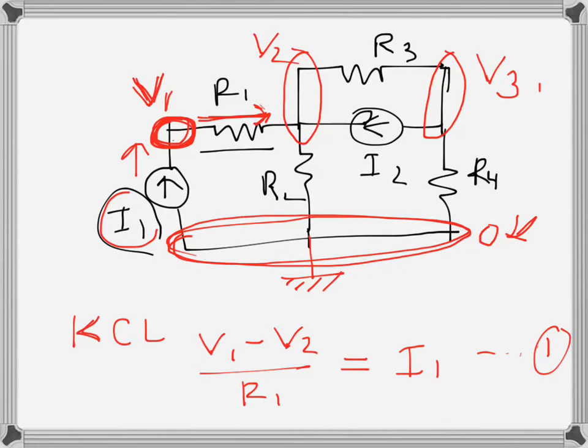Then we write KCL for node 2. That one was for node 1.